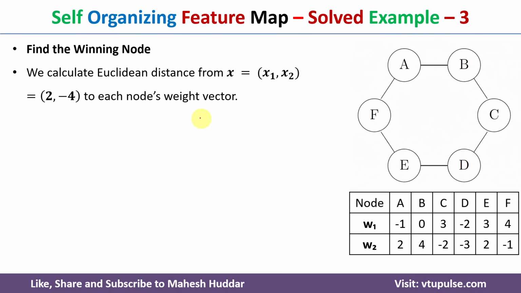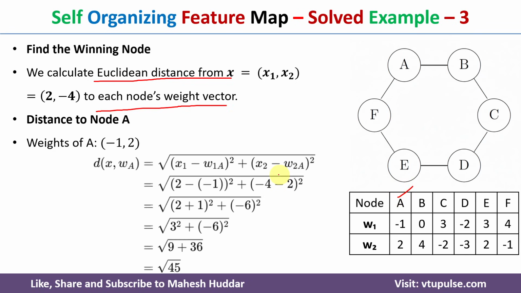So first, in this case, we need to find the winning node. To find the winning node, we need to calculate the Euclidean distance from X to each node's weight vector. First I will consider node A. For node A, initial weights are -1 and 2. By using the Euclidean distance, we need to calculate the distance, that is square root of (x1 minus w1a) square plus (x2 minus w2a) square.